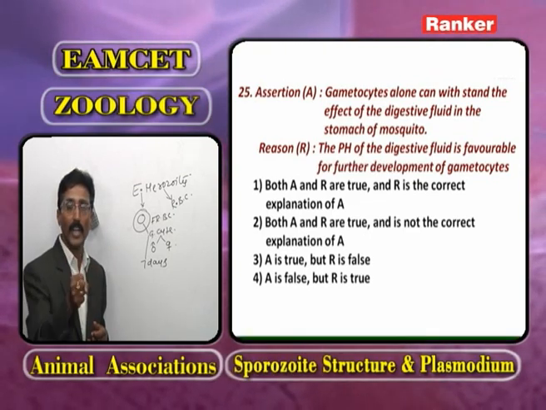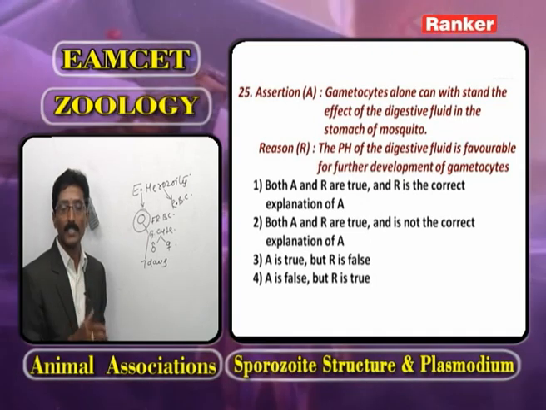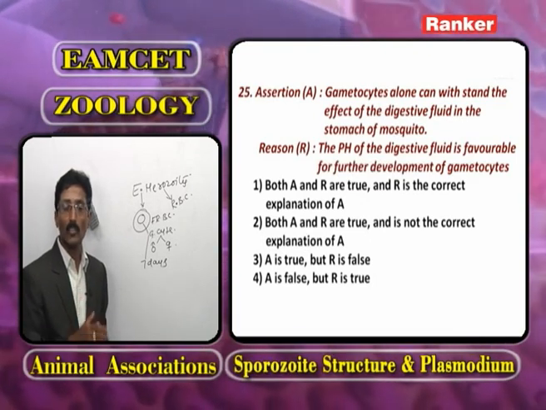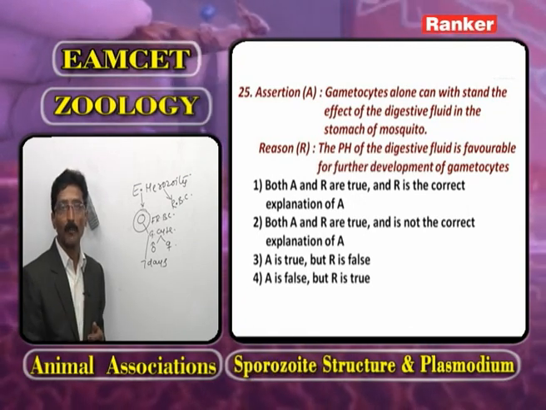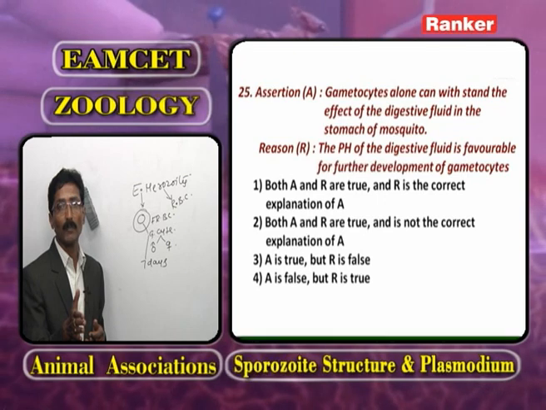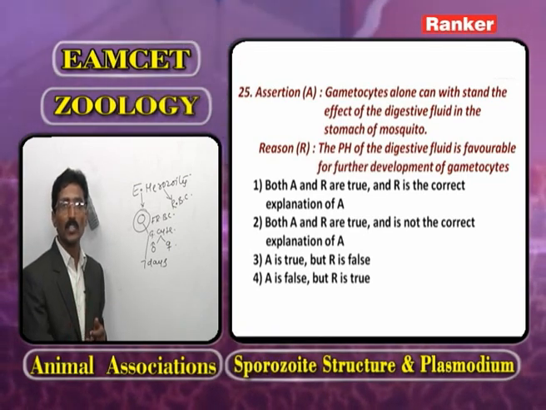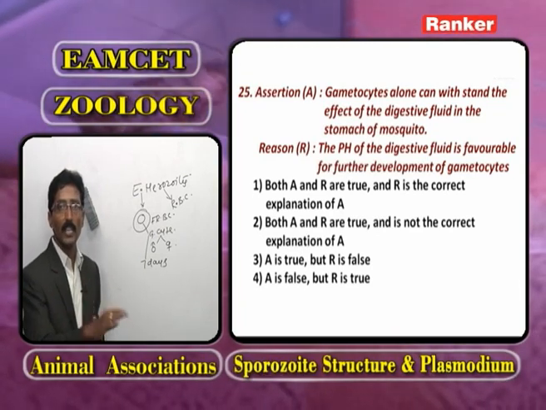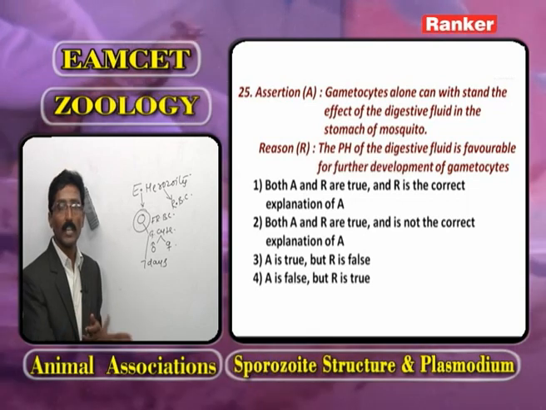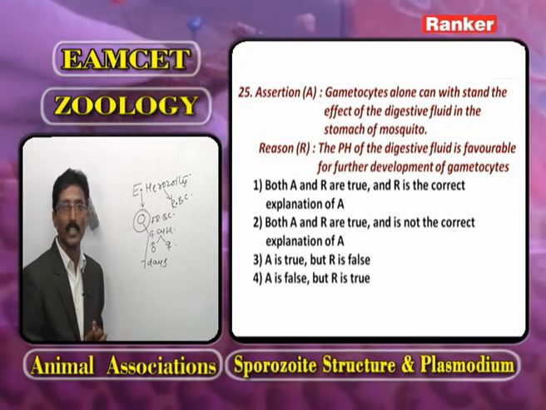The reason: the pH of the digestive fluid is favorable for further development of gametocytes, because in the mosquito the temperature is low and the pH is low. With the sudden change in pH and temperature, the gametocytes start the sexual cycle or Ross cycle.